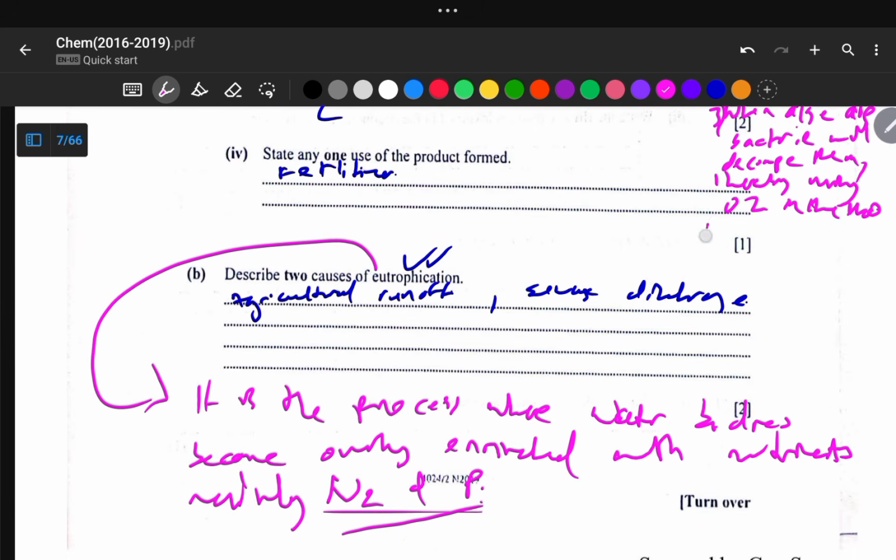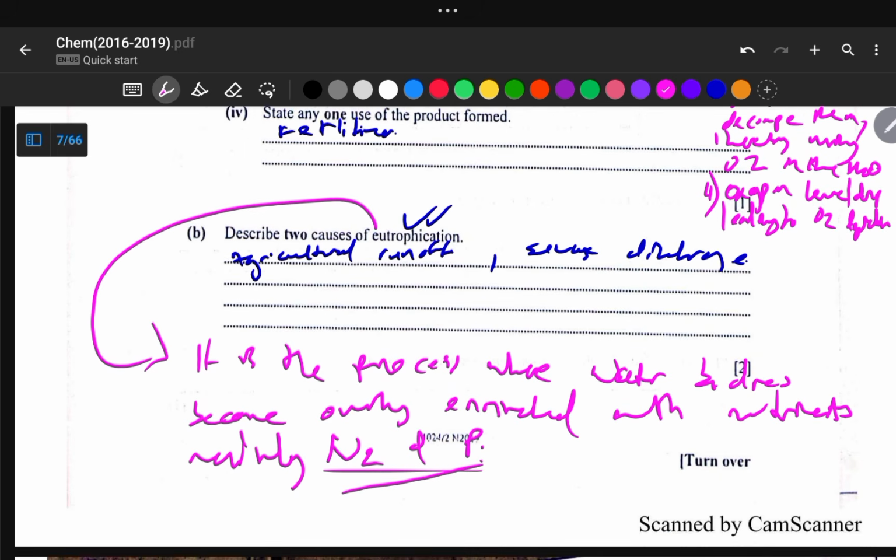And then step number 4, this will result in oxygen depletion. So oxygen levels drop, leading to oxygen depletion, right?